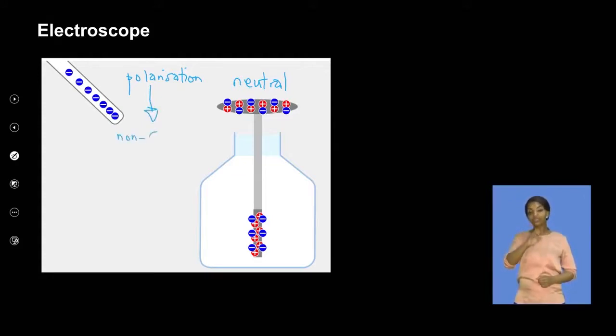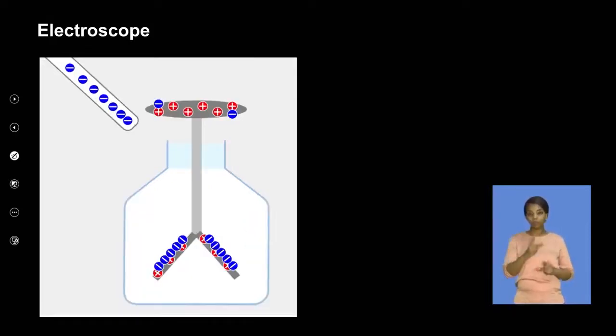All right. So non-contact means the two materials must not be in contact with each other for them to actually exert a force on each other. So if we bring this, what is going to happen? The positive will actually be attracted, and the negatives will be repelled because the material itself is negatively charged.